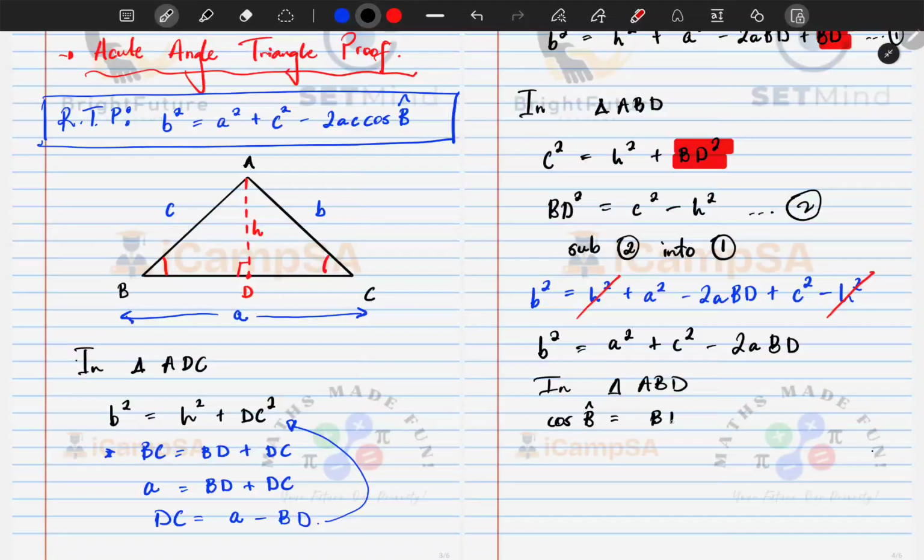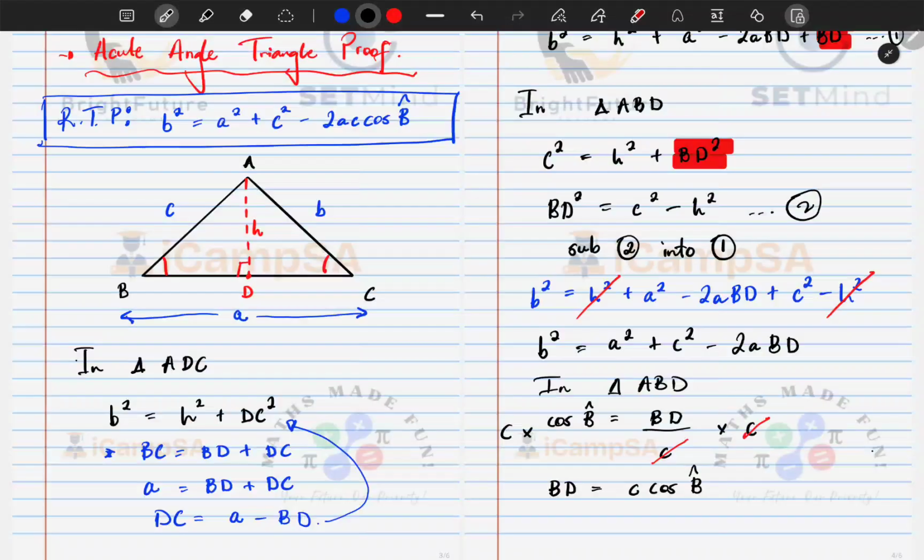Adjacent side is BD. And then what is my hypotenuse? My hypotenuse is c, right? So remember, I want BD to be the subject of the formula, so I'm going to multiply by c both sides. And then this and that will cancel, and I'm going to be left with BD is equals to c cos of angle B, right?